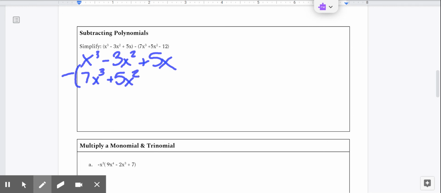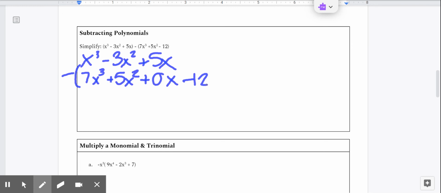And so here you can see in the first trinomial, we have a term with x's, right? And in the second trinomial, we do not have a term with just x's. So I'm going to go ahead and put a placeholder in here. I'm going to say plus 0x because this second problem didn't have any terms with just x's in it. But I do have a minus 12.